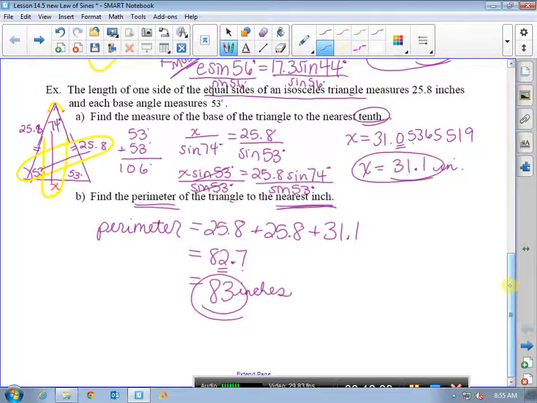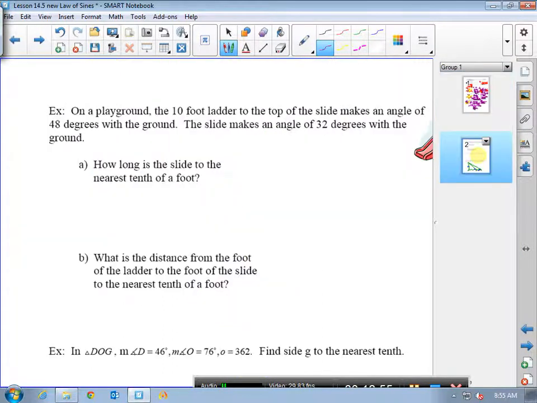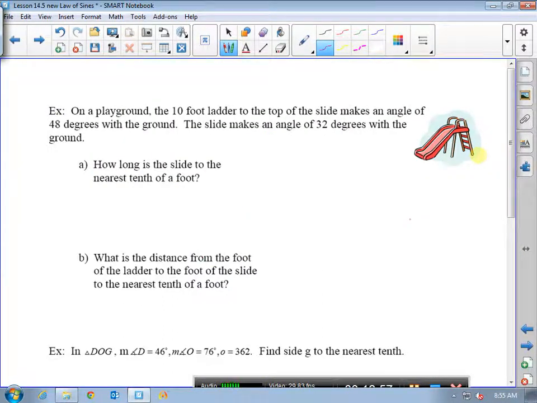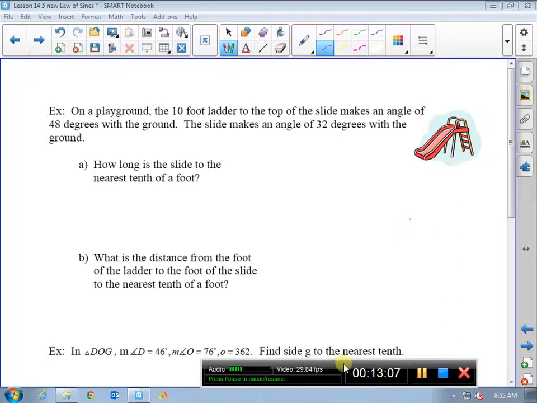All right, so law of sines. Let's do a few more problems together. Okay, on a playground, the 10-foot ladder to the top of the slide makes an angle of 48 degrees with the ground.